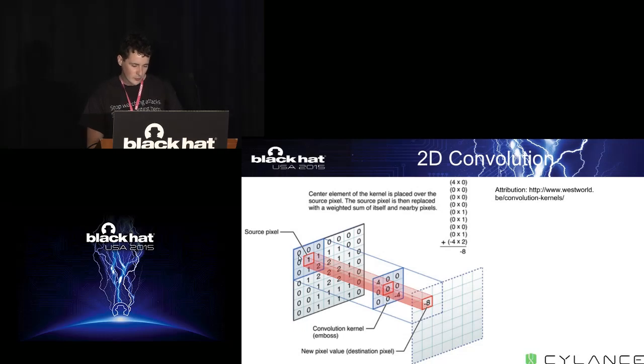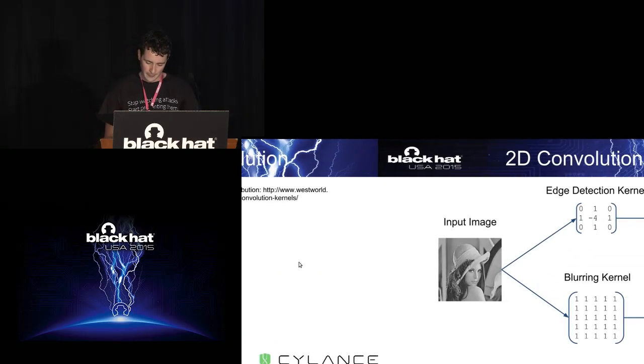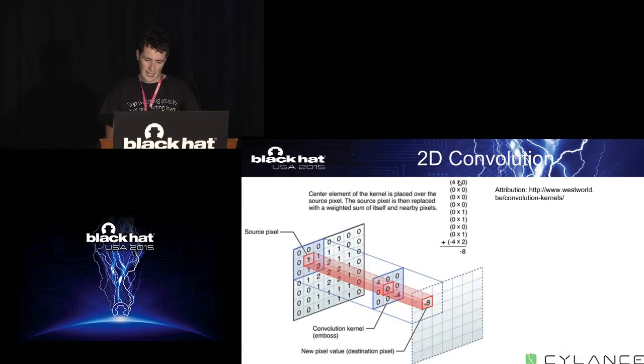So we do 0 times 4, then 0 times 0, then 0 times 0, 0 times 0 again, 1 times 0 again, 1 times 1, and so on until we get to all the overlapping pixels. Then we add all those up, and the filter response for that particular pixel is going to be -8. So we copy that over to our output image. We do it again for this pixel, again for this pixel, until we've stepped through the entire input image.